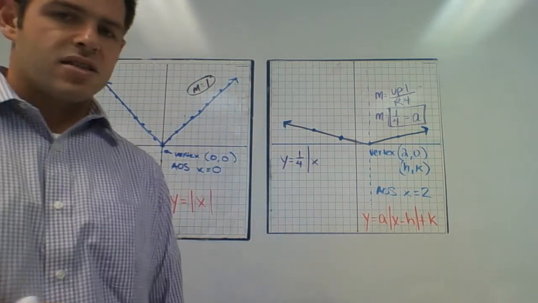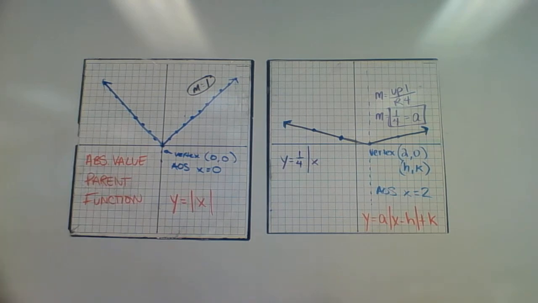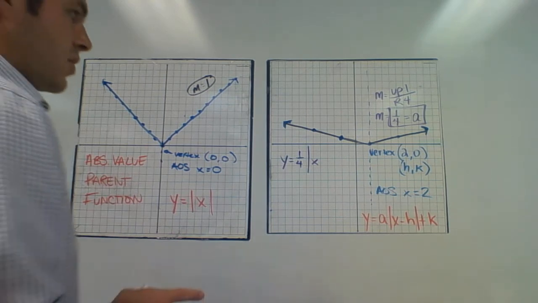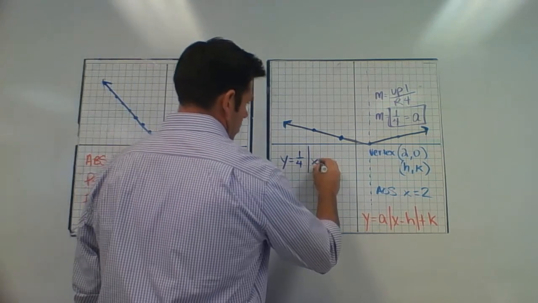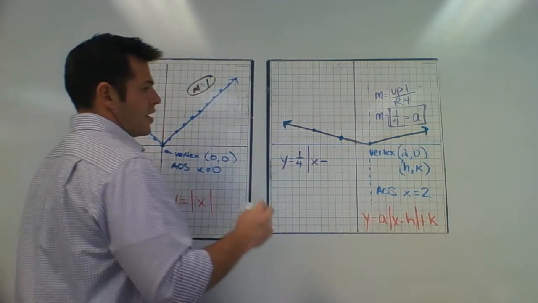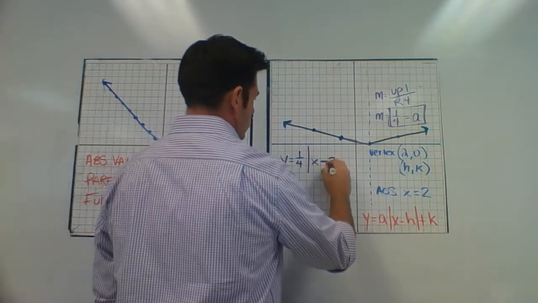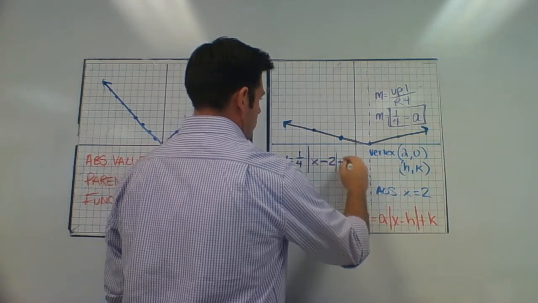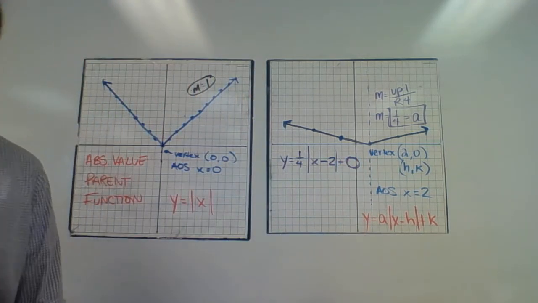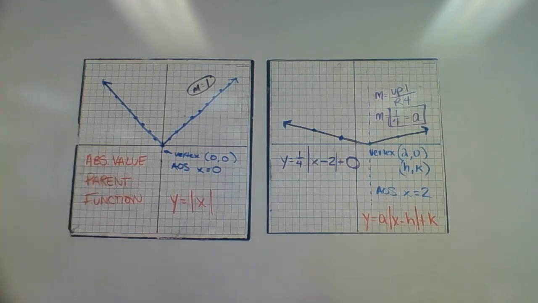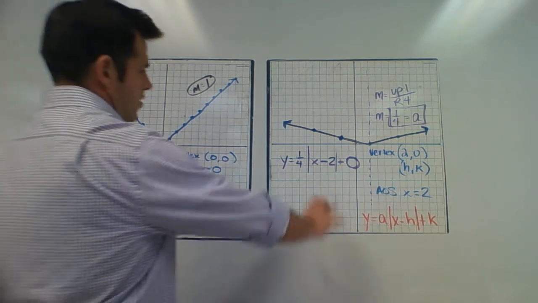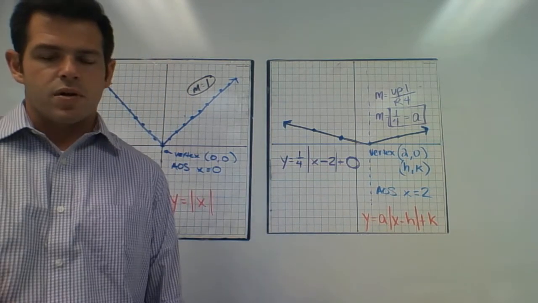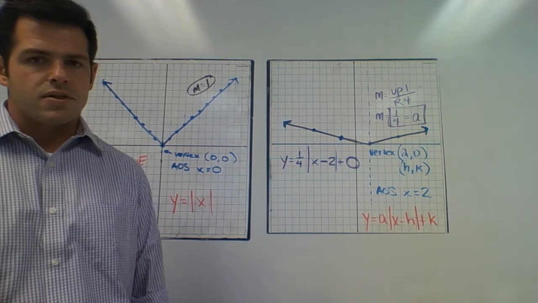Remember now the x is part of the equation and the minus sign is part of the equation, so we leave the x in there and we leave the minus sign in there. Our h value is 2. And then our plus k would be 0. So that's our equation right there. If you write that out, that's perfectly fine. There's nothing wrong with that whatsoever.